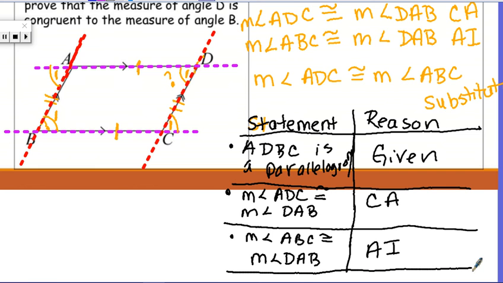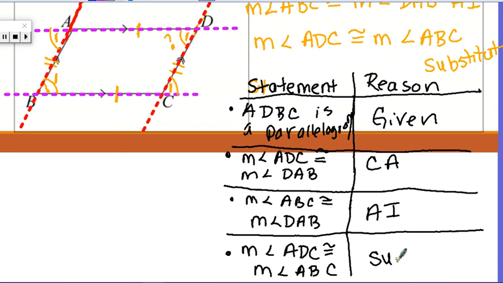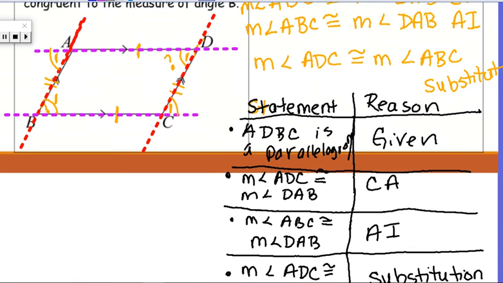And so now to get to the point they wanted us to get to, we can say the measure of angle ADC is congruent to the measure of angle ABC, and that's by substitution. And you finish. And you got your proof. So you come up with your plan, and then from your plan, you get your proof going. And you're done.